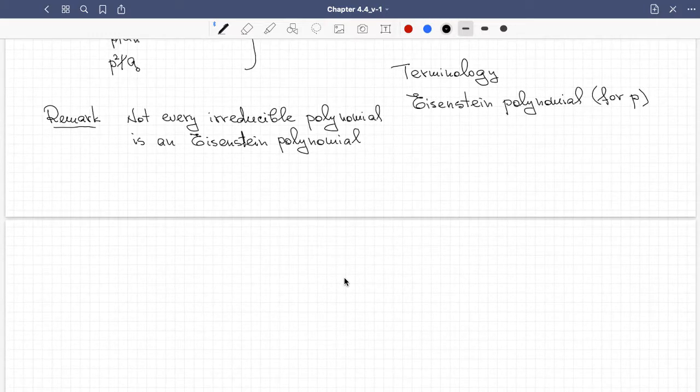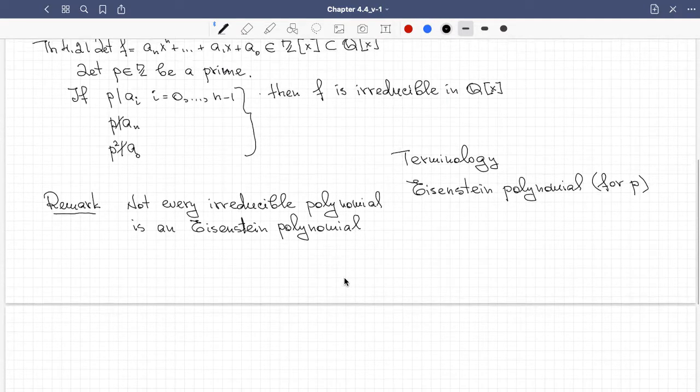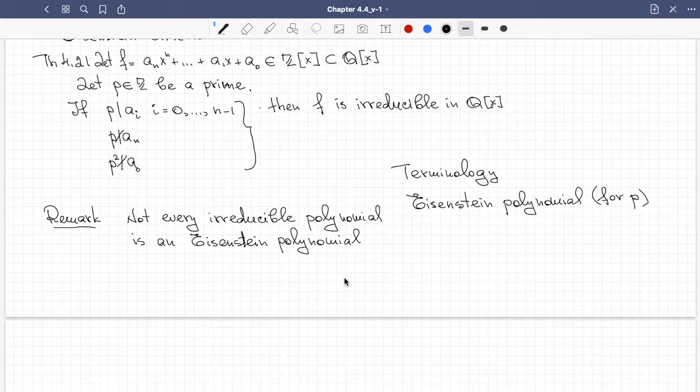Let me give a couple of applications, examples, of how one can apply this criterion. First application, there are many. I want just to illustrate the criterion with some applications.